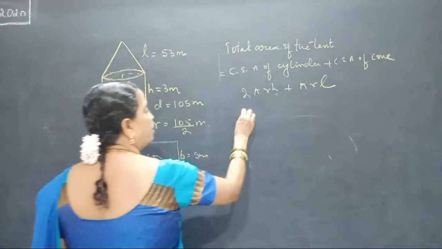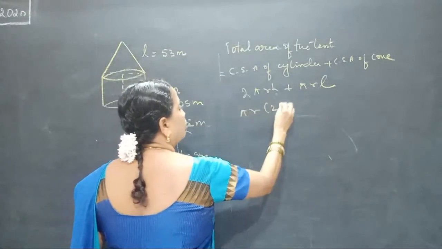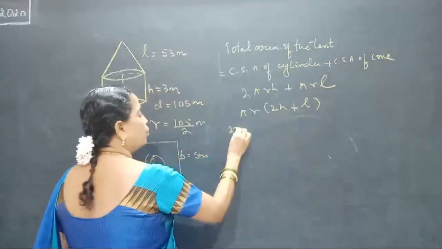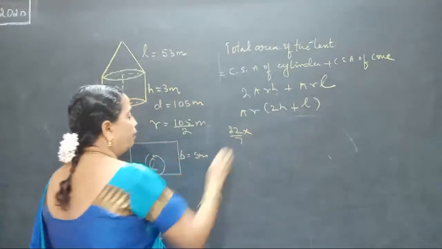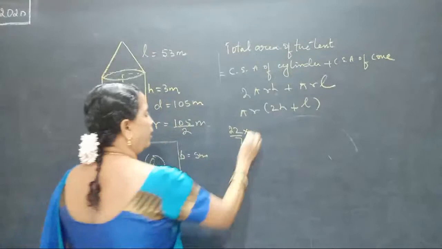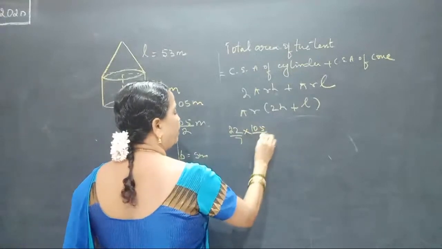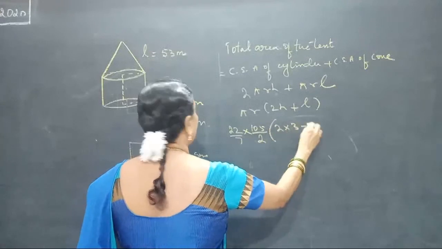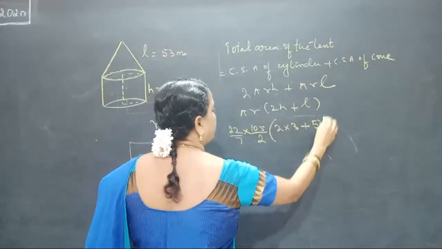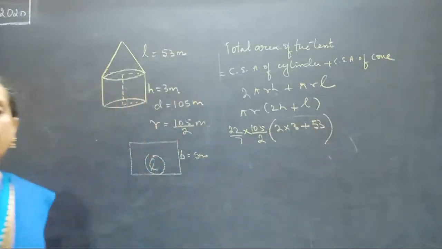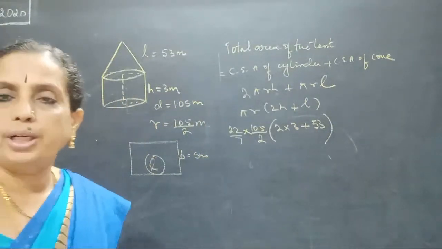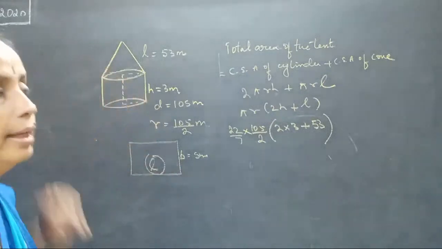So now take out pi r as common, 2h plus L, that is 22 by 7. I will take r as 105 by 2 instead of keeping in decimal, and 2 into 3 plus 53. Is it clear? Like previous question, here no need of calculating the slant height. Question itself they have given the slant height.